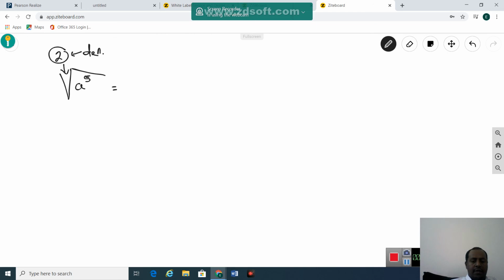Therefore, this is the same as a to the power of 5 over 2. So the radical expression is changed to a rational exponent. We can convert the radical form to rational form.